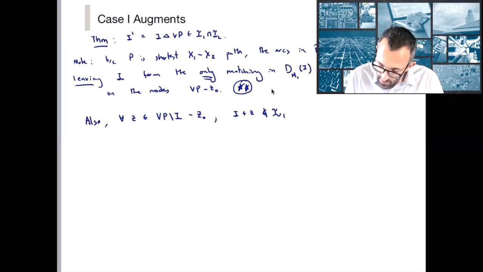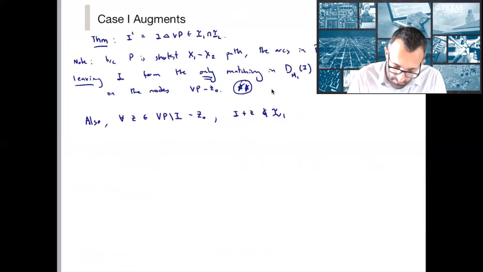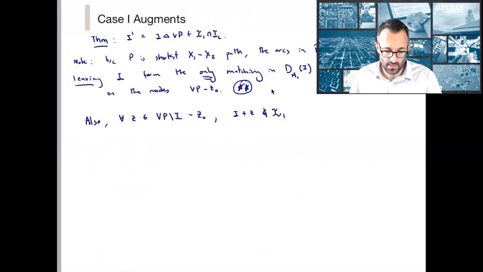Remember that if I plus z is in I1, then z has to be in x1. And what this is saying is that of all of these nodes here on the right, only the first one can be in x1. Because if z1 were in x1, then I could have just started my path from z1 and had a shorter path.